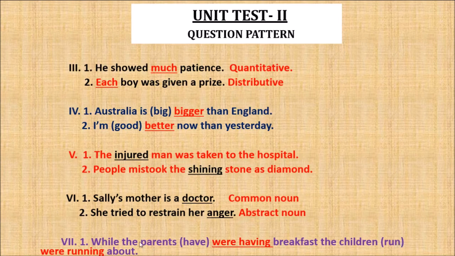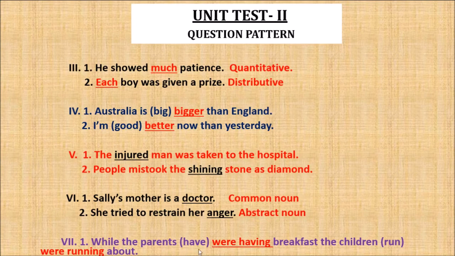We have to just understand the question first before changing the verb into tenses, right? While the parents means it is just a continuation word. While the parents means they are just talking about a continuous verb. Now here continuous tense comes with ing, isn't it?